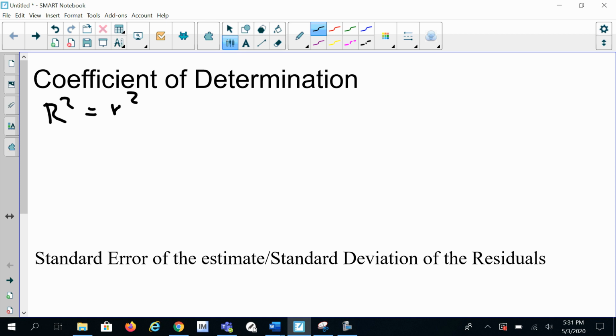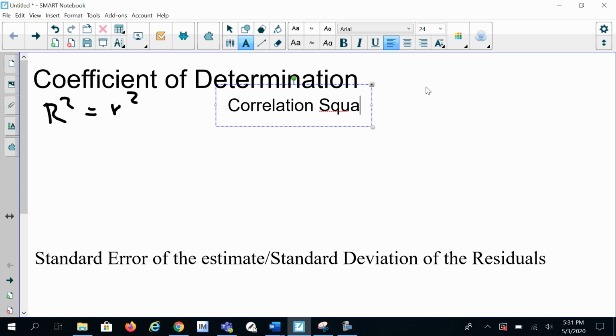So the coefficient of determination is literally just squaring the correlation. So if you take the correlation and you square it, you have the coefficient of determination.